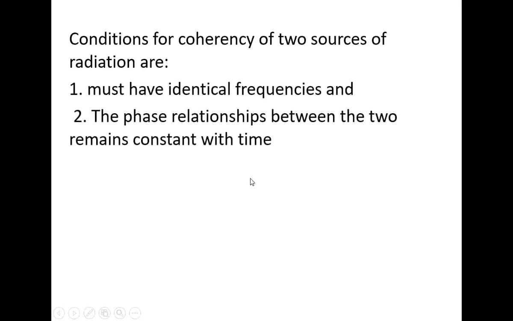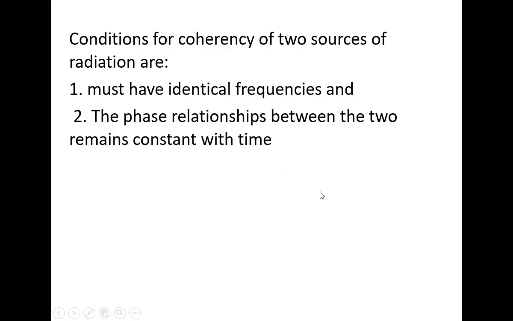So the conditions for coherency of two sources of radiation to be coherent are these. You must have identical frequencies. And the phase relationship must remain constant with time.